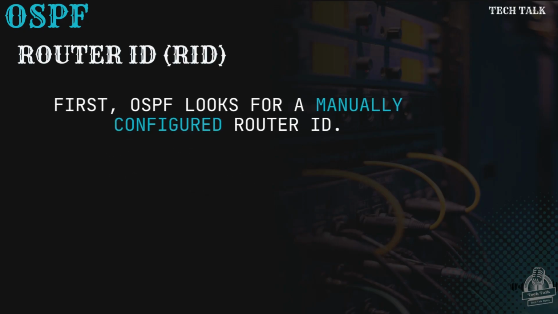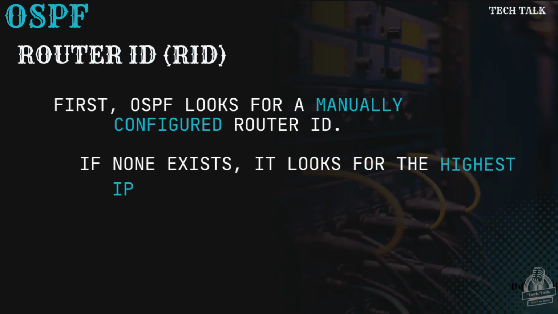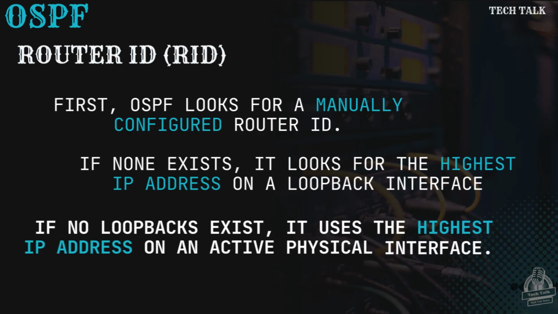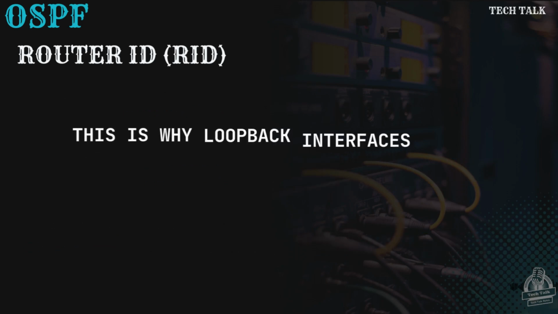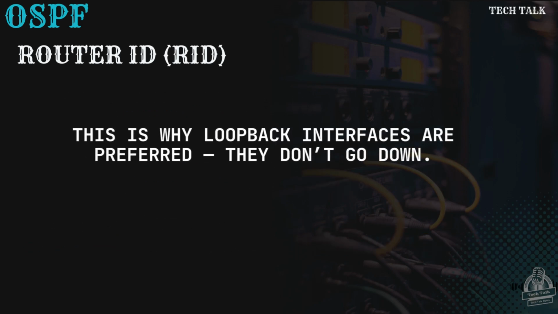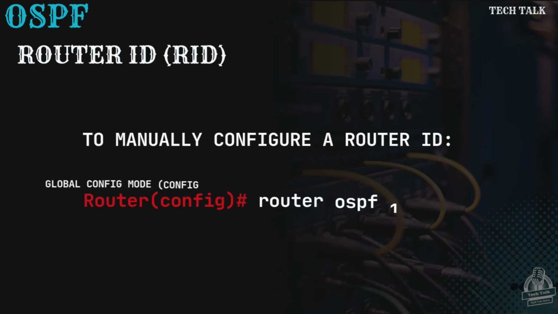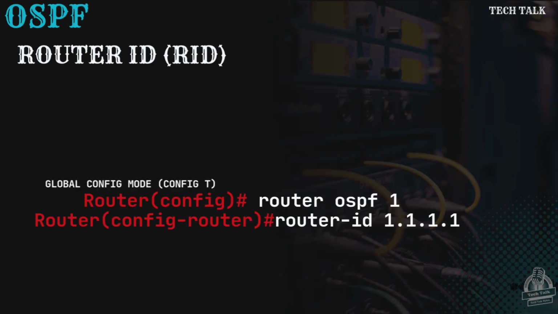First, OSPF looks for a manually configured router ID. If none exists, it looks for the highest IP address on a loopback interface. If no loopback exists, it uses the highest IP address on an active physical interface. This is why loopback interfaces are preferred. They don't go down. To manually configure a router ID, in global config, router ospf 1, followed by router-id 1.1.1.1.